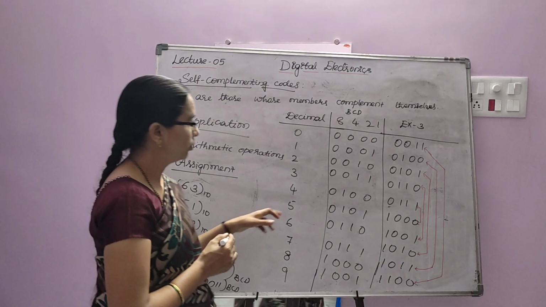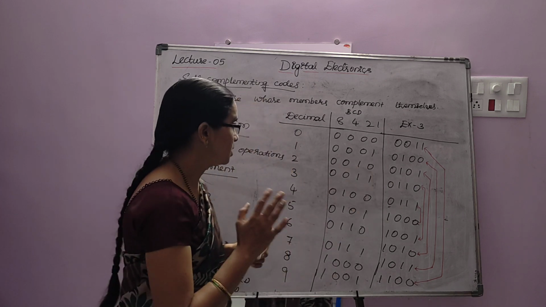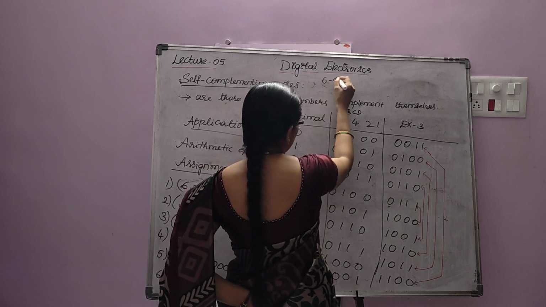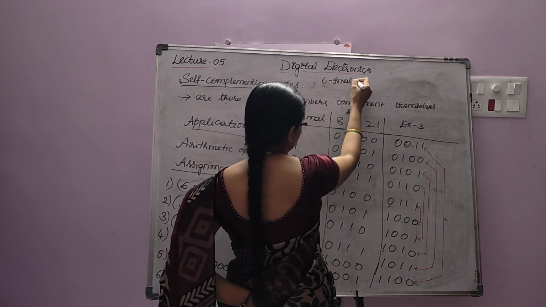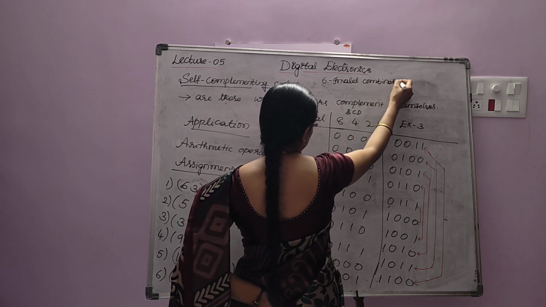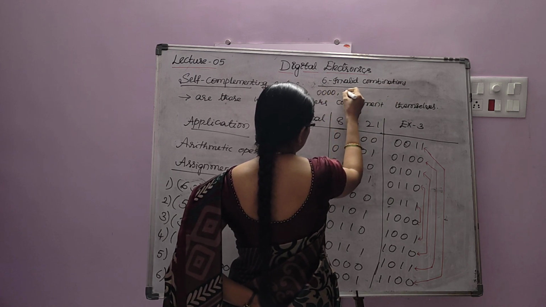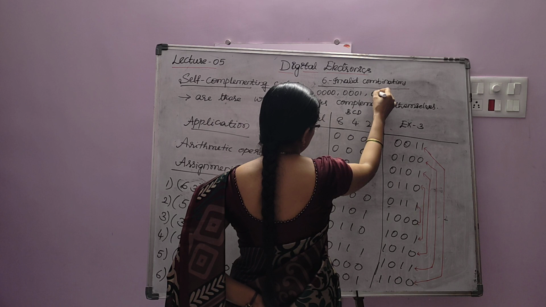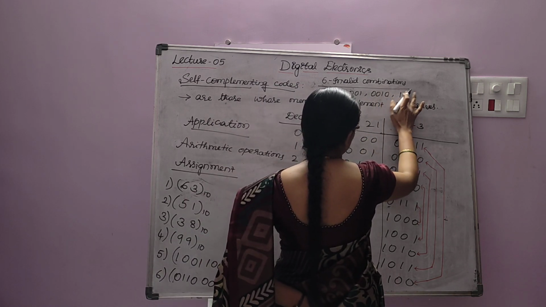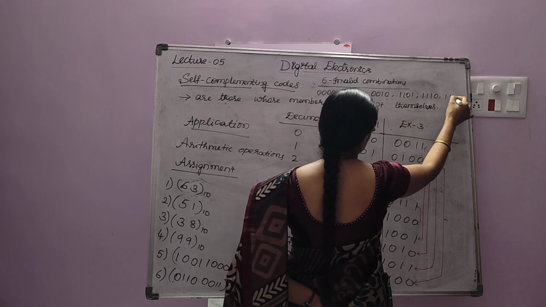And one more thing I wanted to tell you, in XS3 code there are 6 invalid combinations. They are 0000, 0001, 0010 and 1101, 1110, 1111.